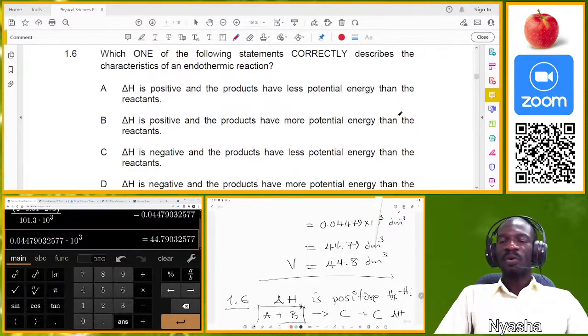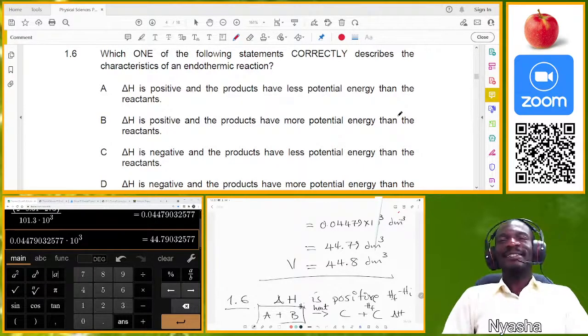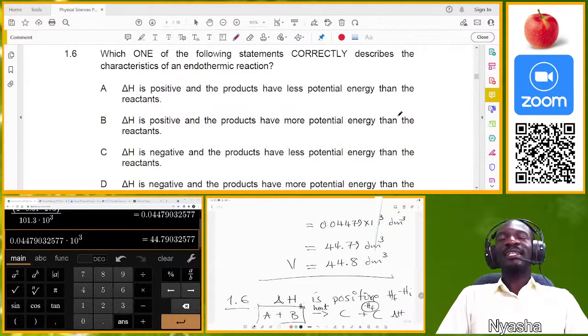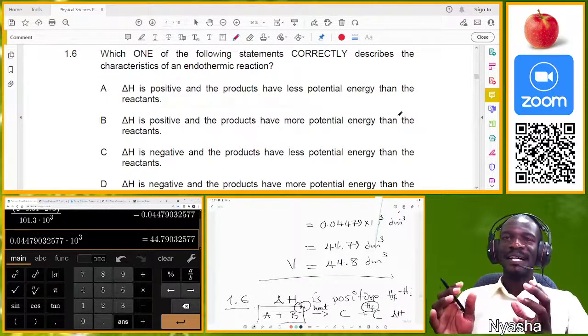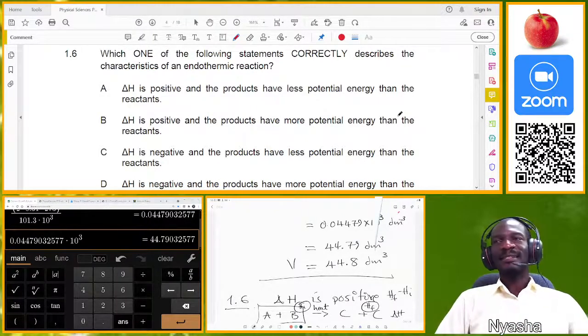The products are now at a temperature H final. What did we do for this to take place? We added some heat. This means H final is actually greater than H initial. The heat energy for the products is greater than the heat energy for the reactants.